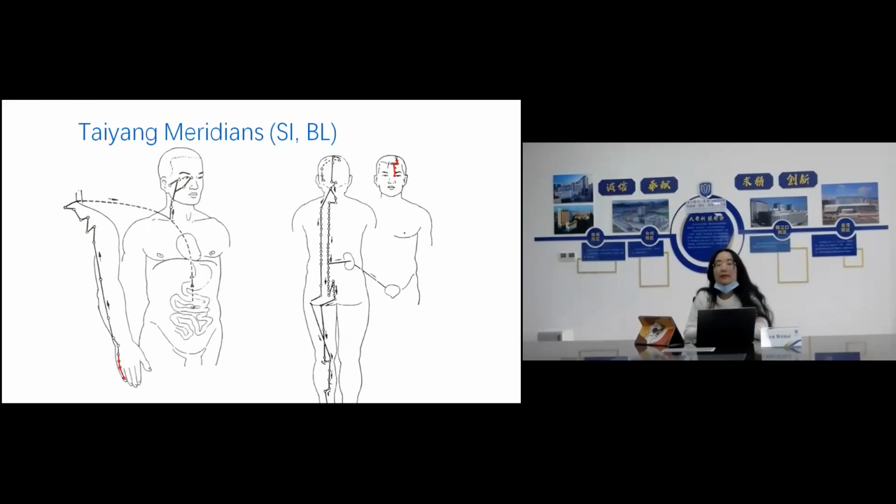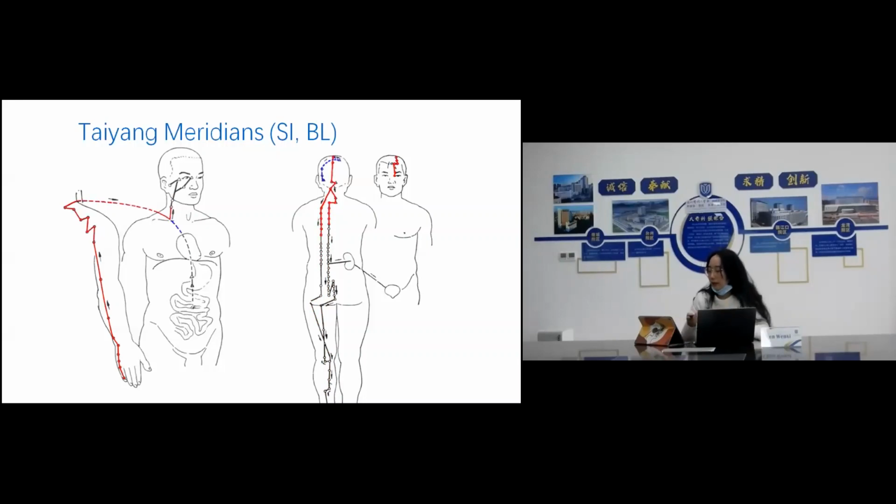And then you can see the Taiyang meridian. The Taiyang small intestine meridian starts from the little finger and goes on the posterior and the lateral external side of the upper limbs, and goes to the shoulder, and then reaches the face, the cheek part and the internal eye corner.